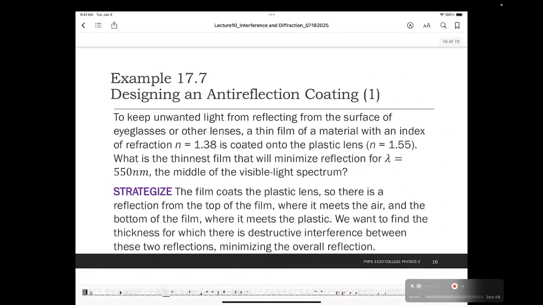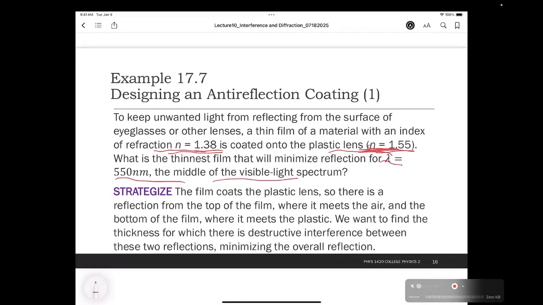A thin film of a material with an index of refraction n equal 1.38 is coated onto the plastic lenses, which means this is the thin film, and this is the material. What is the thinnest film that will minimize reflection for lambda equal this one, the middle of the visible light spectrum?